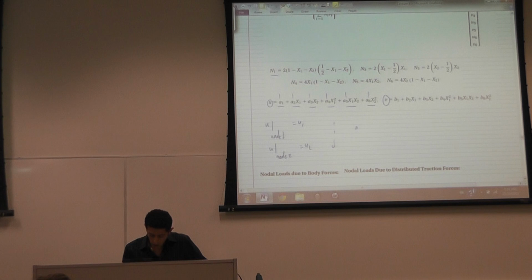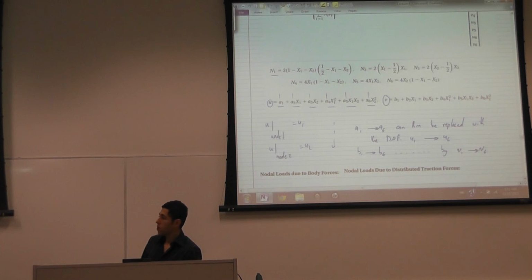And so a1 up to a6 can then be replaced with the degrees of freedom U1 up to U6, and b1 up to b6 can also be replaced by V1 up to V6.